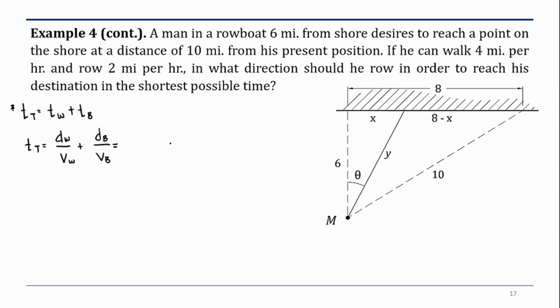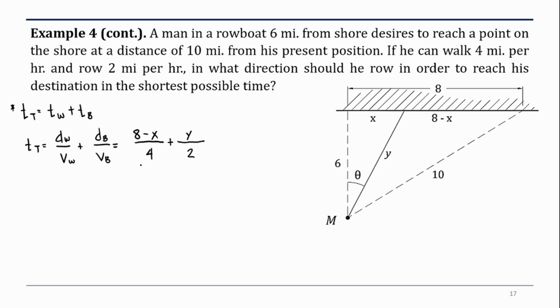So, it is 8 minus x over yung velocity niya sa paglalakad, nakalagay dito sa problem natin. He can walk 4 miles per hour. So, it is 4. And then, plus, yung distance na babangkain niya ay yung y all over yung velocity niya pag magbabangka siya, which is 2 miles per hour.